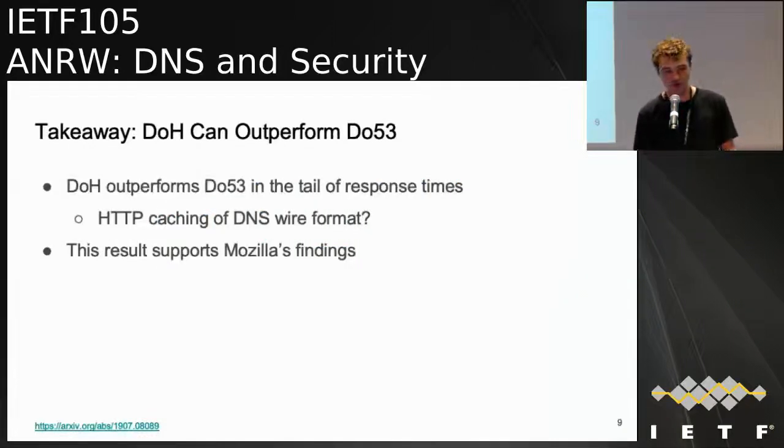So again, the takeaway seems to be that for some reason, DOH is outperforming DO53 for some percentage of queries. There are multiple reasons we think this might be, one of which might be caching of the DNS wire format.